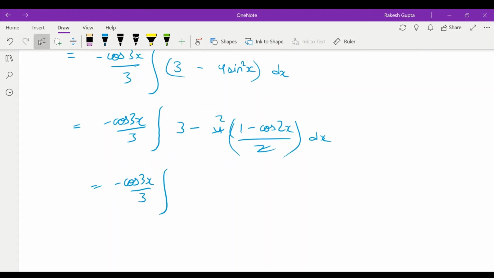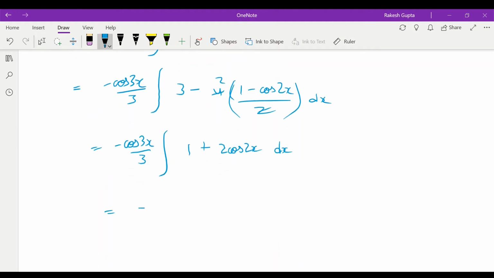So 3 minus, when I open this bracket, I multiply 2 with 1 and then 2 cos 2x. So I get 1 minus of minus, which is 1 plus 2 cos 2x dx. Now when I integrate, this is a bracket.